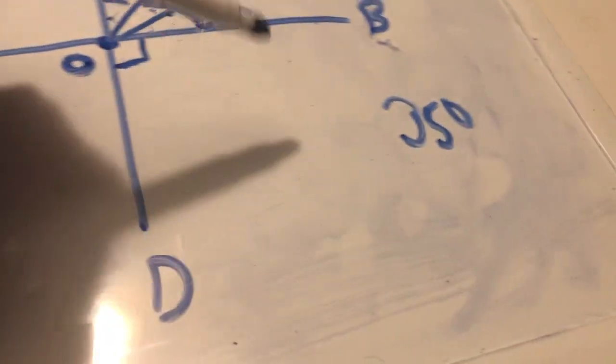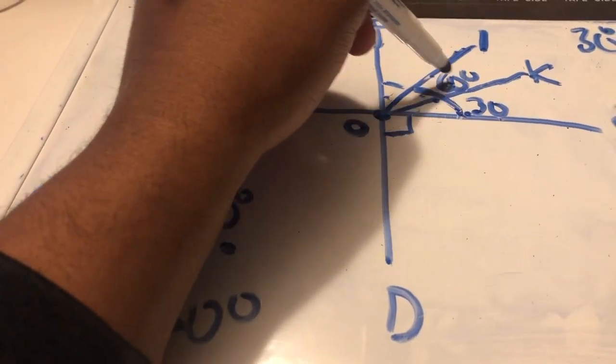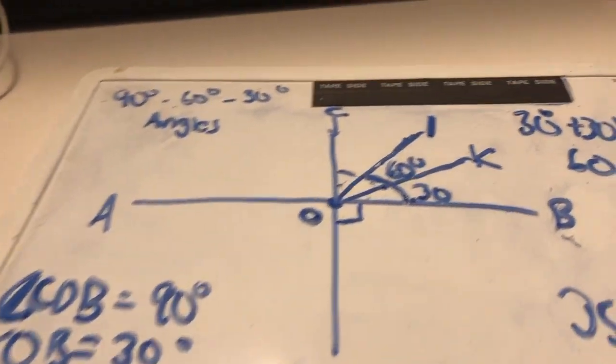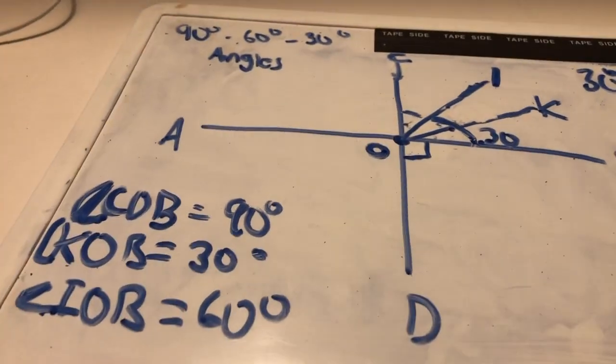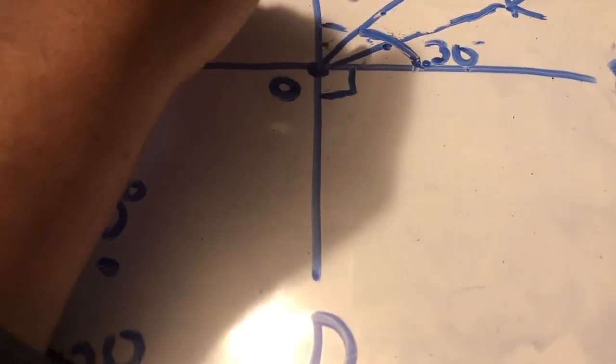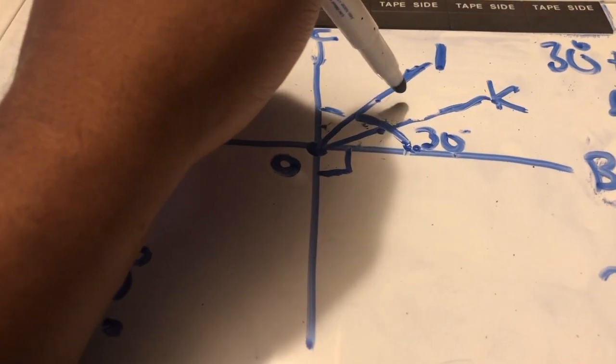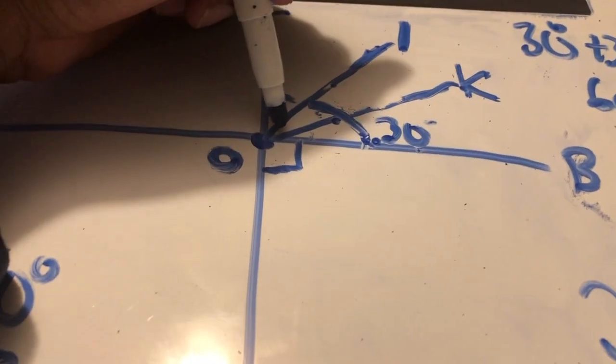Probably not. It's more than 30. So it's likely going to be somewhere in between here. So if I erase this, and we're looking for 35, it's closer to 30 degrees. So our line really shouldn't be getting anywhere closer to the 60-degree angle that we have here. Should be pretty close to the 30-degree angle.